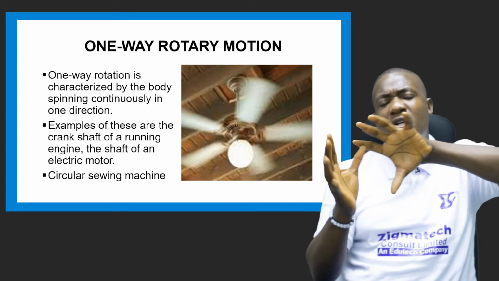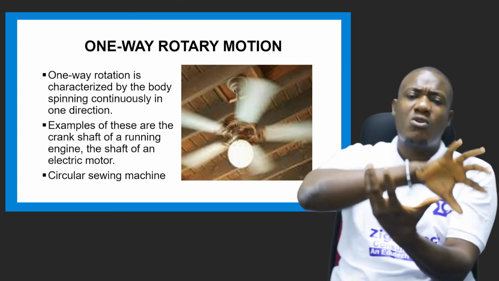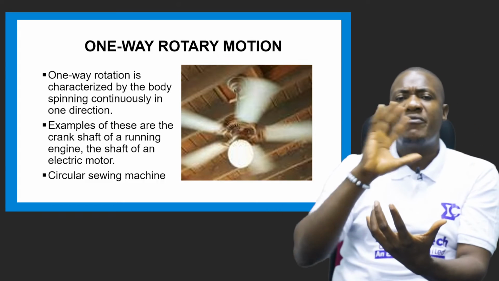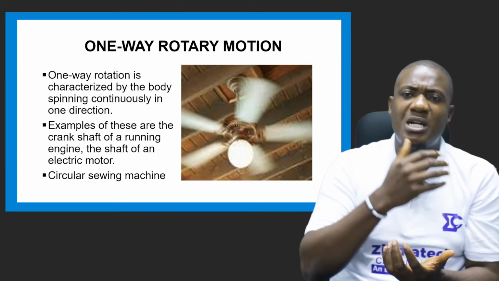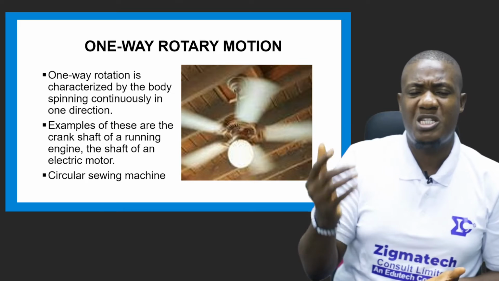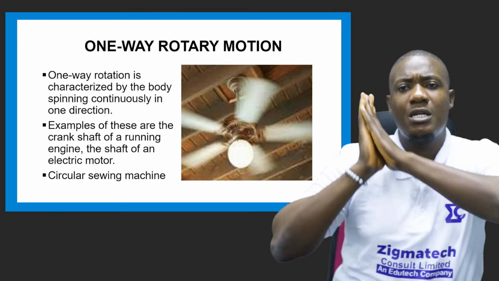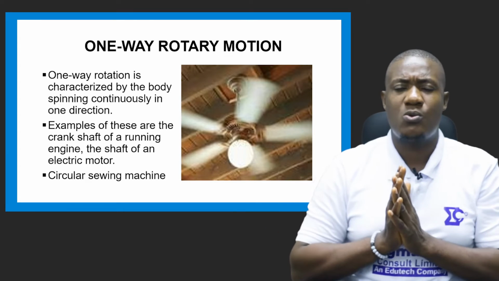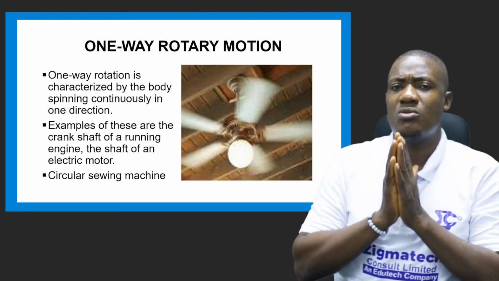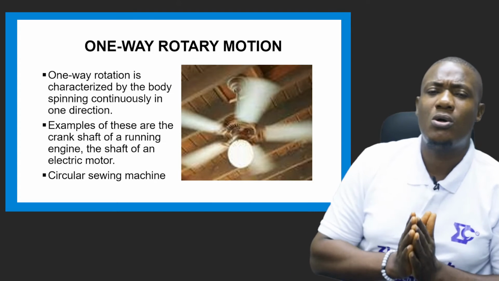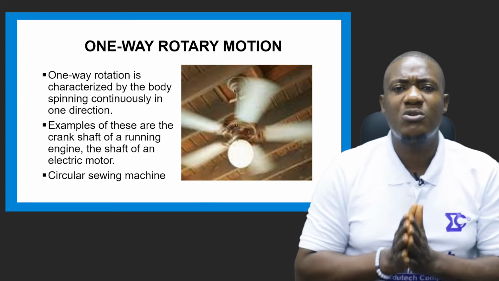It does not move in the clockwise direction and then turn in the anti-clockwise direction. If a body spins such that it only goes in one direction, we say such rotary motion is called one-way rotary motion.